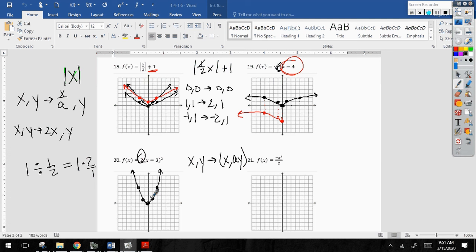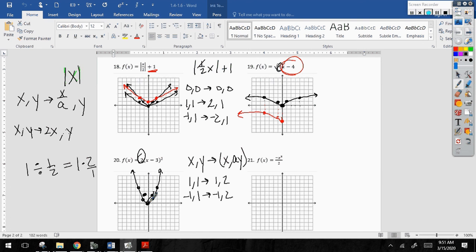So my 1, 1 becomes 1, 2. My negative 1, 1 becomes negative 1, 2. And my other points are going to go off a little bit, so I'm just going to start with that. So 1, 2, negative 1, 2.